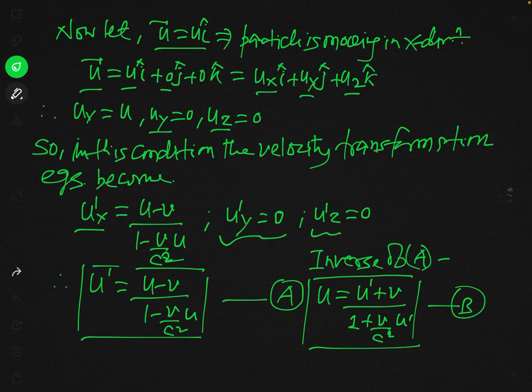But now you can see this relativistic velocity transformation equation will say that the speed of light in different inertial frames will not be different, but will be the same. We can check it, and for this let us see how we can check that the speed of light in free space c is the same in frame S and in frame S prime.